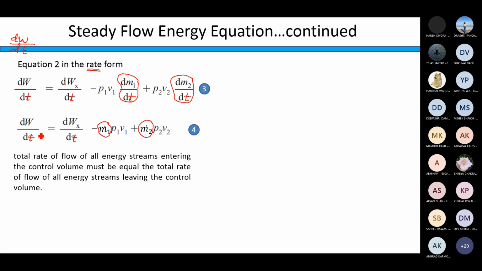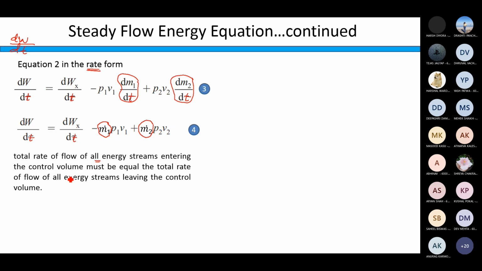Next, the total rate of flow of all energy streams entering the control volume must be equal to the total rate of flow of all energy streams leaving the control volume. Don't you see that this is the energy balance, right?